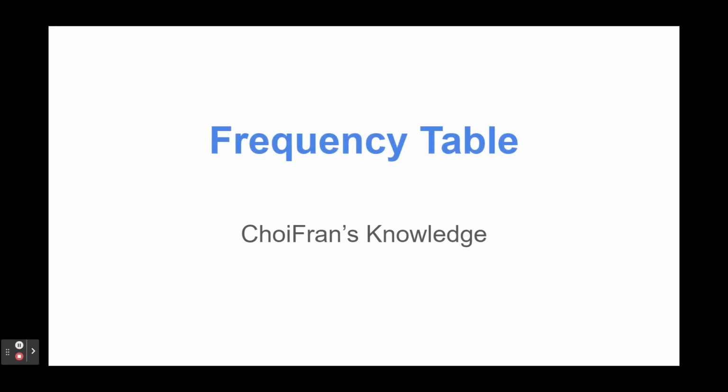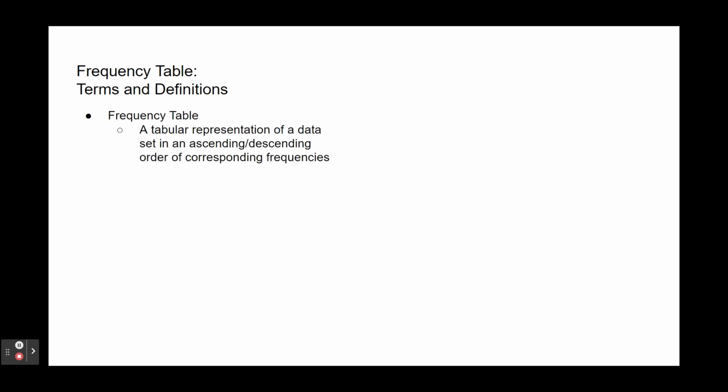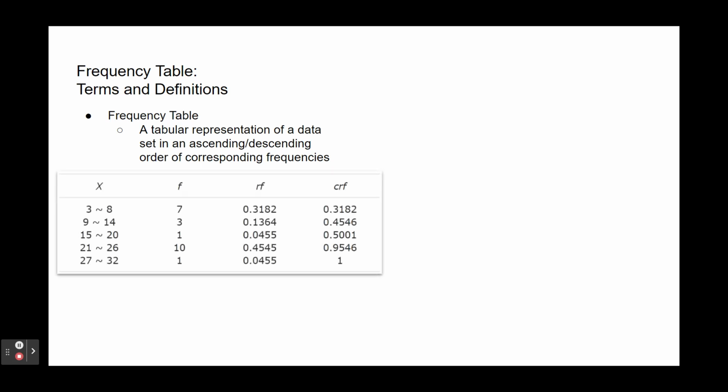Okay, let's practice frequency table computation. Frequency table terms and definition. A frequency table is a tabular representation of data in an ascending or descending order of corresponding frequencies, right? This is one example.